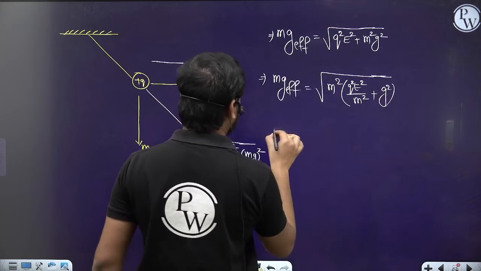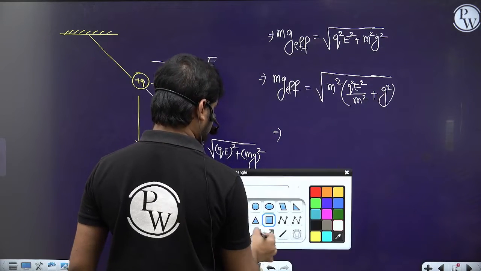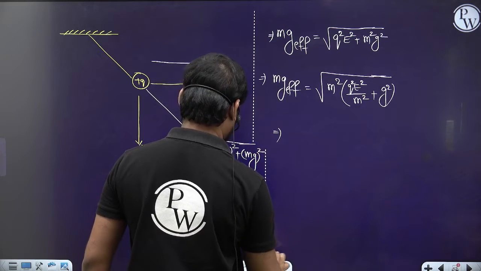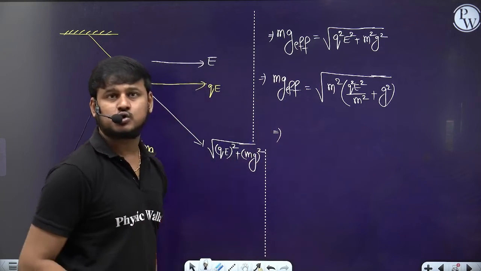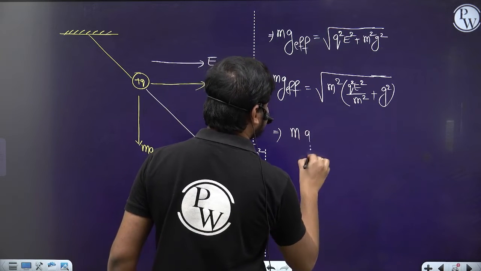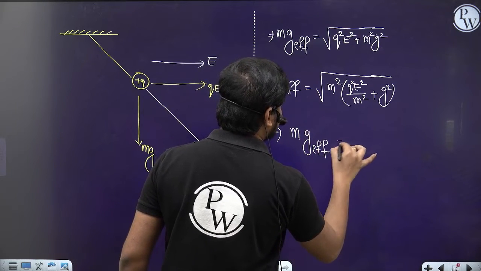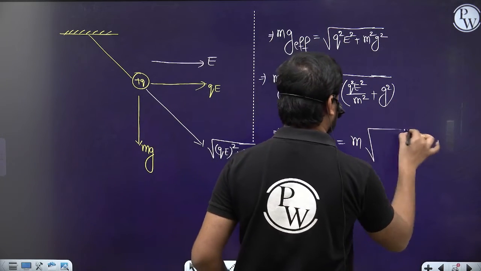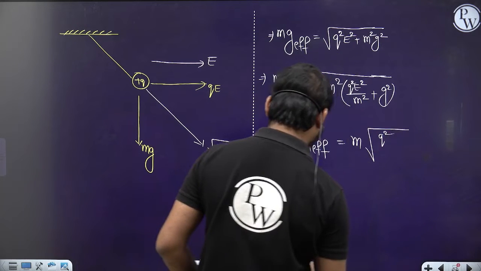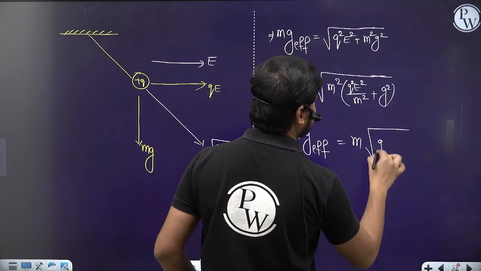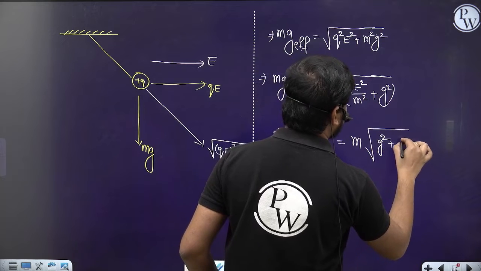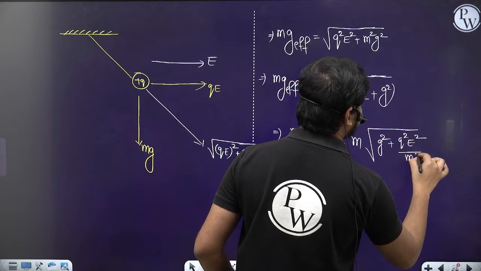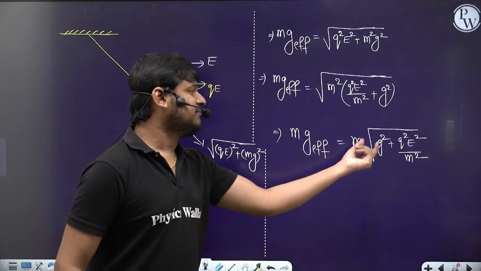If you take m out from the root, m into g effective is equal to m times the root of q square e square by m square, actually it has to be g square plus q square e square by m square. So then g square plus some other term is there.